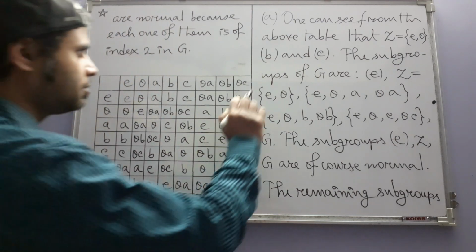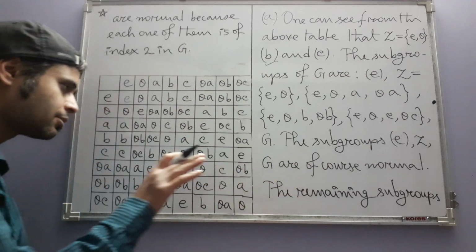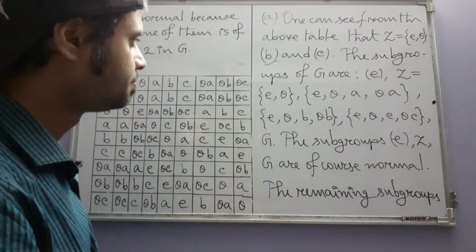So we have in fact shown that all the subgroups are normal.